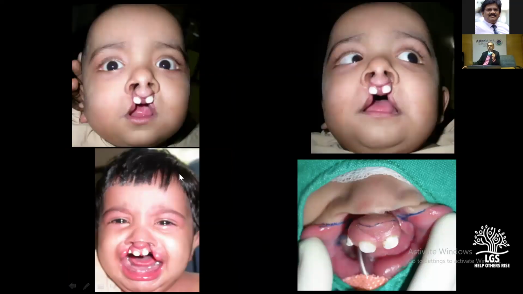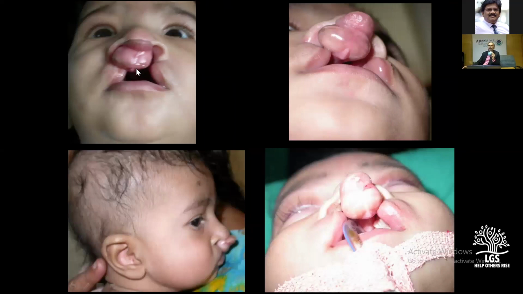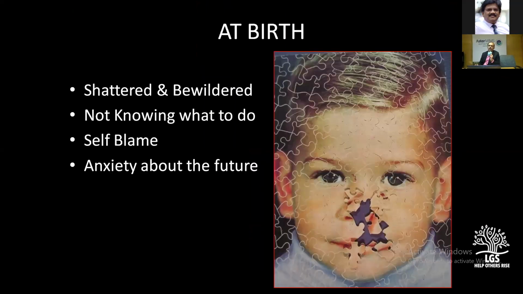The bilateral complete cleft goes all the way through, with a prolabium and a premaxilla high up in the sky. So this gives an idea of the difficulty and the variety and the different ways in which clefts present to you.